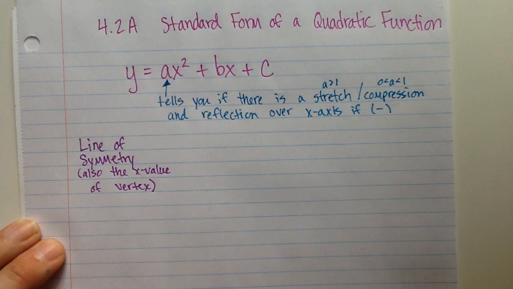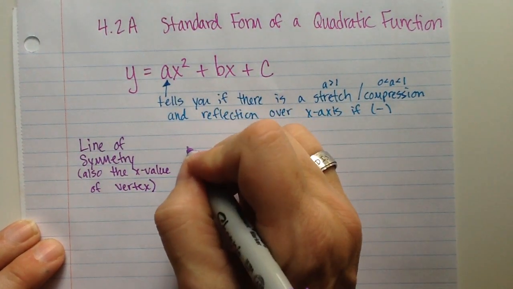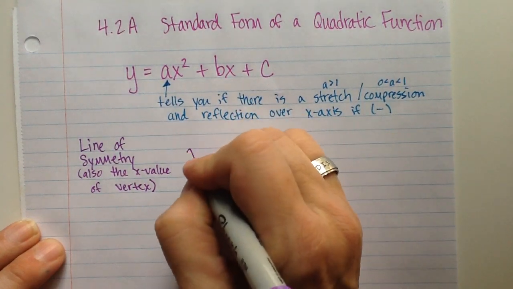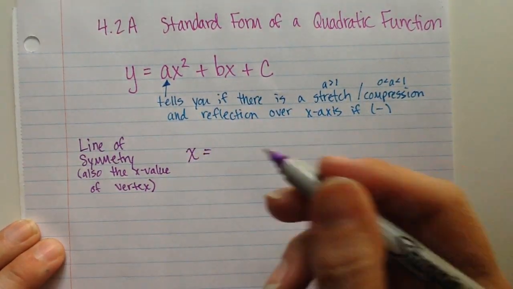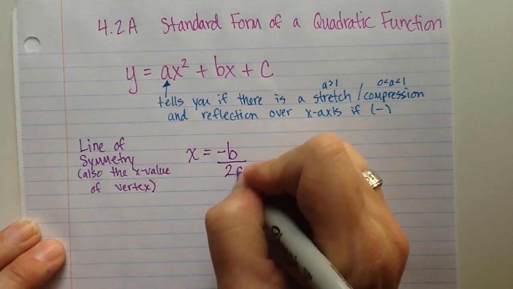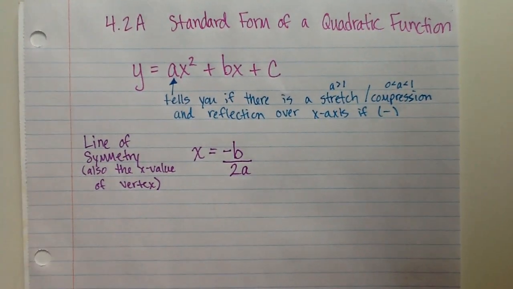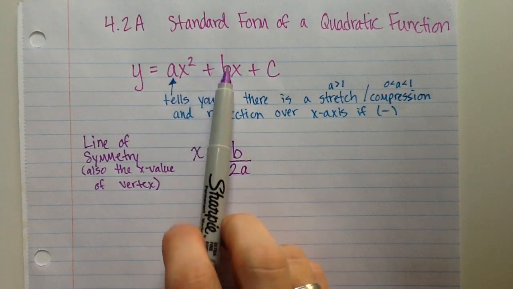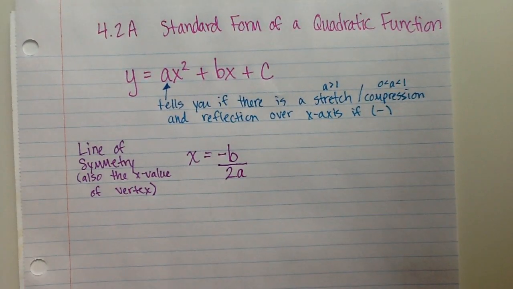So we found that line of symmetry differently when we had vertex form. When we have standard form, we're going to find it by doing x equals the opposite of b divided by 2a. So this number b that's right here could be positive or negative, and we're going to do the opposite of it and then divide by 2 times a to get the line of symmetry.